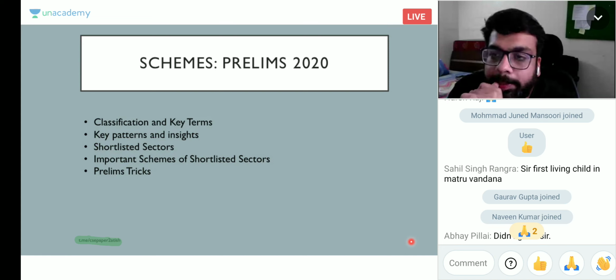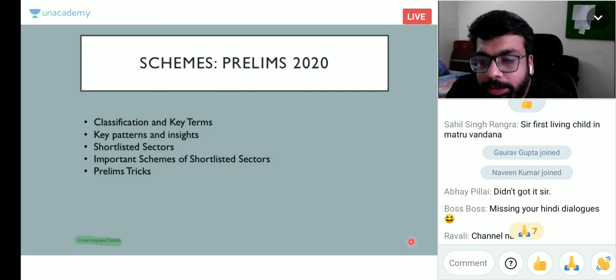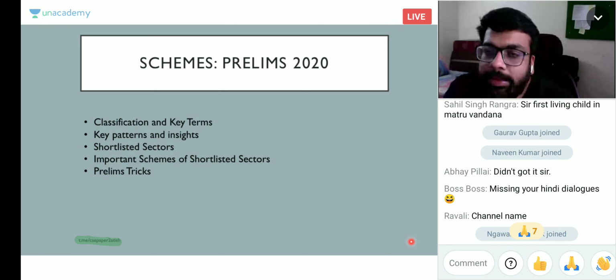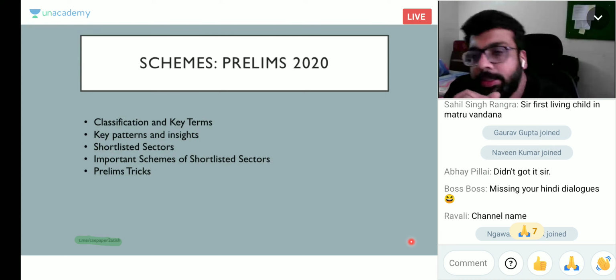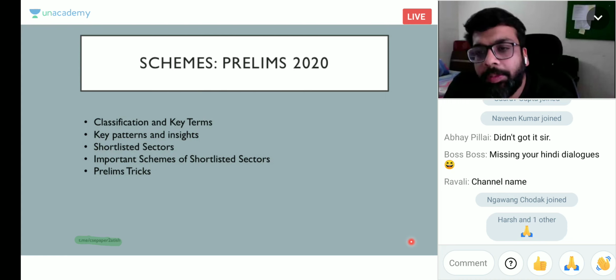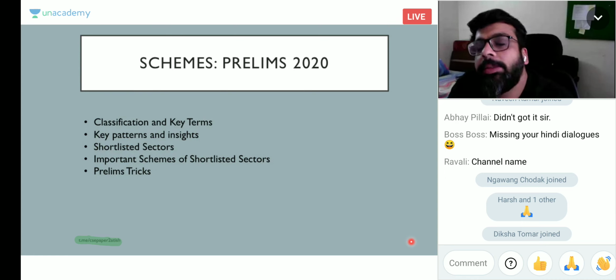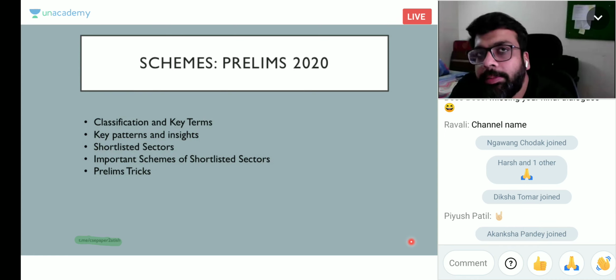Second is, sometimes you will not have heard of a scheme, and that is okay, and that's fine. But for example, let us say there is a scheme on National Mission for Handicrafts. Now it seems like something that you would want to do to uplift the handicraft sector in the country, and the option would say providing technical support, infrastructural support, financial support. In such a case, you would not remember it.